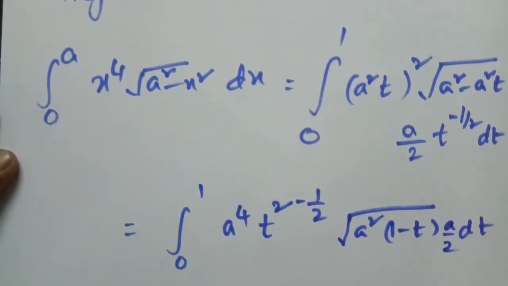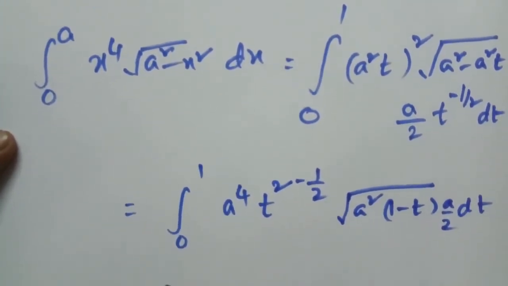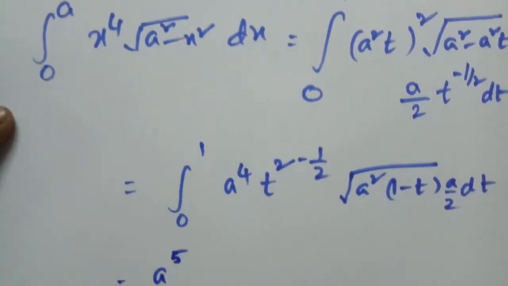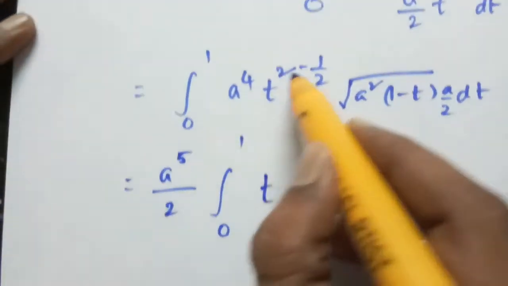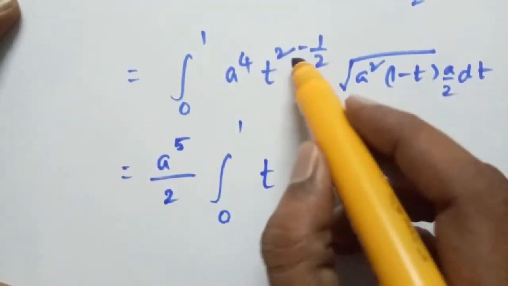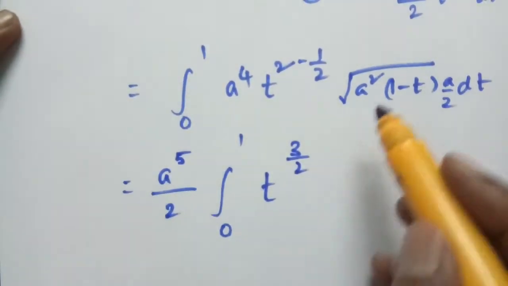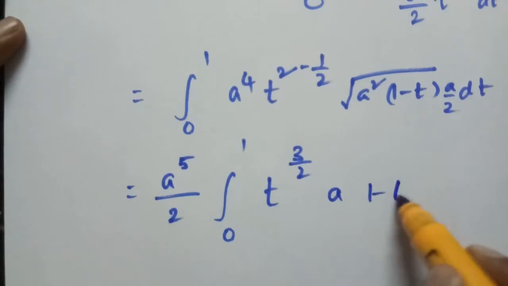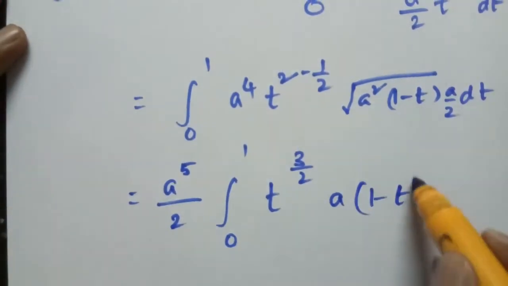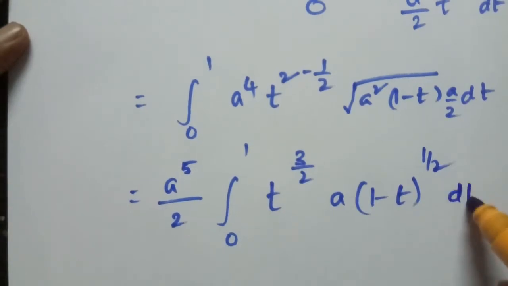Therefore, this can also be written as a to the power of 4 into a to the power of 1, that is a to the power of 5 by 2, into integral 0 to 1 t to the power of 4 minus 1 by 2, that is 3 by 2, into a, since square root of a square is a, into 1 minus t whole to the power of 1 by 2 into dt.